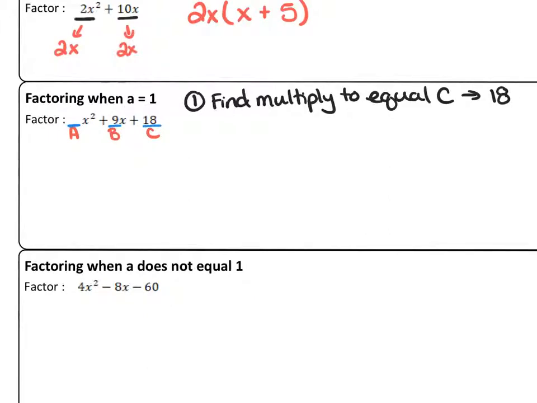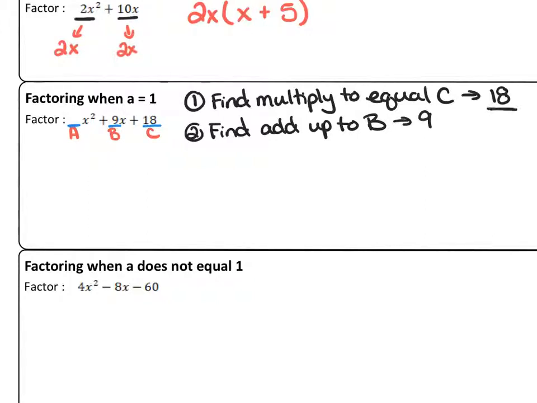The second thing you're going to do is find two numbers that add up to B, and they have to come from our set of numbers from step 1. I'll go through that with you.